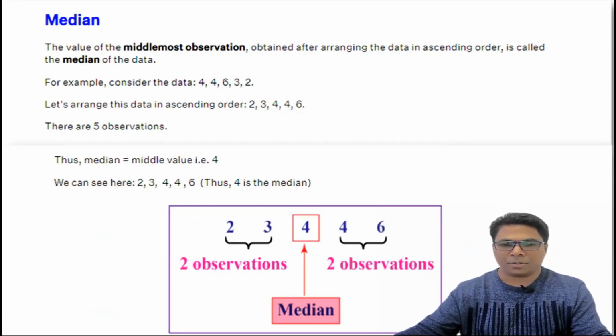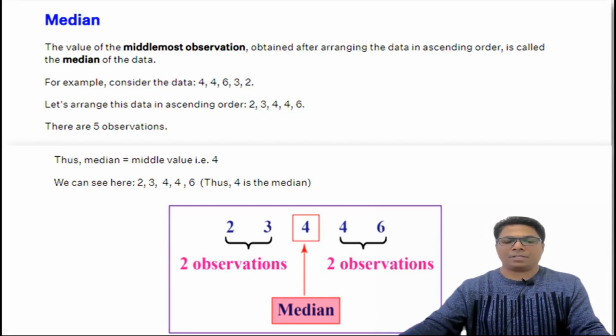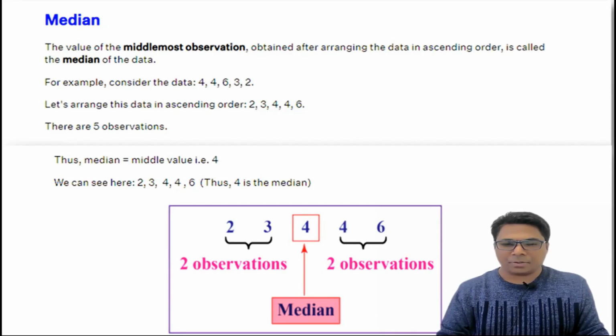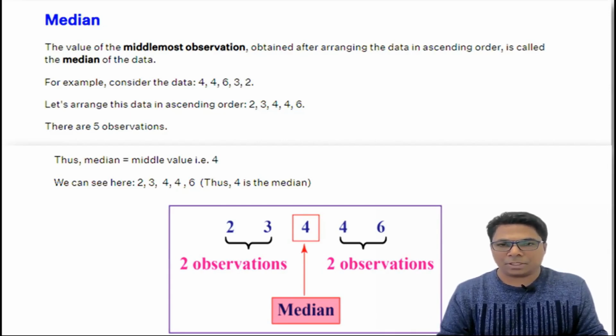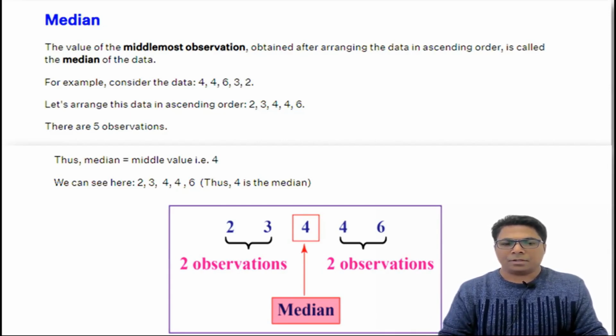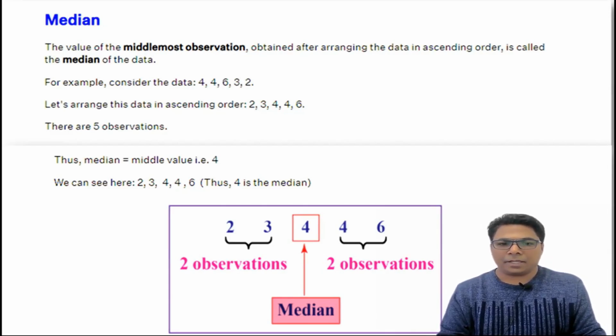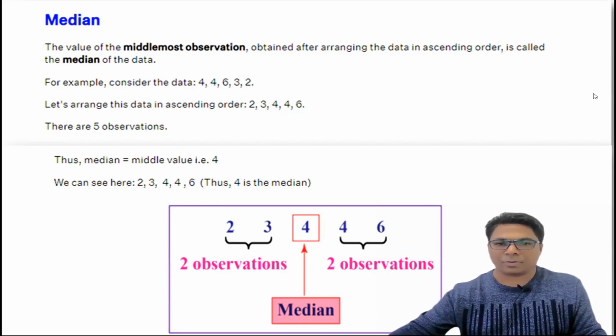If you see here, 4 is the value in the middle of the observations, and it is dividing the distribution into 2 equal halves. To the left we have lesser values and to the right we have greater values. So 4 is the median in the given distribution, right?